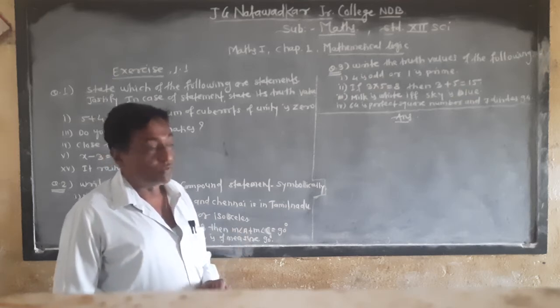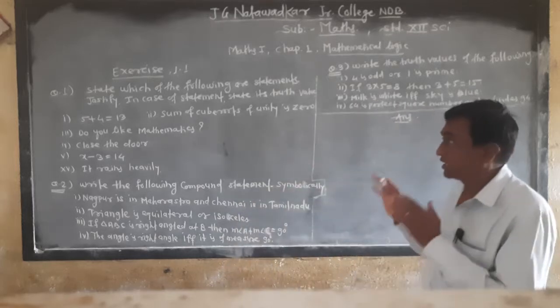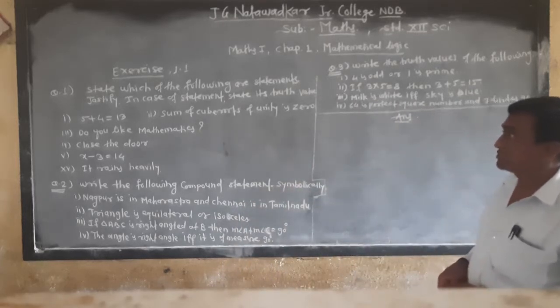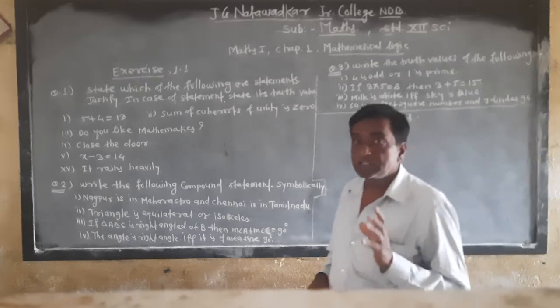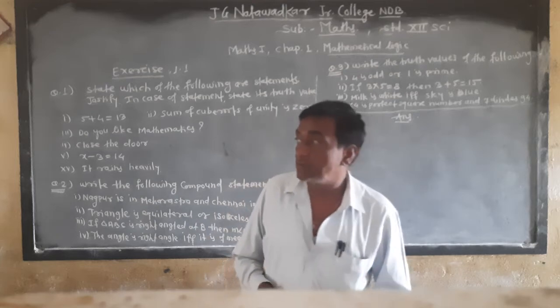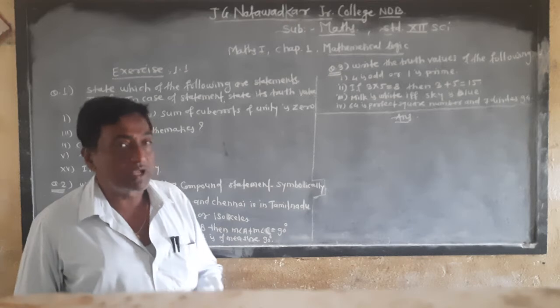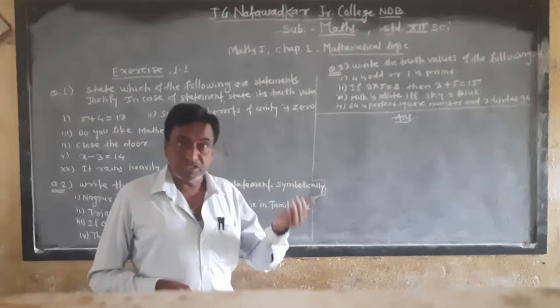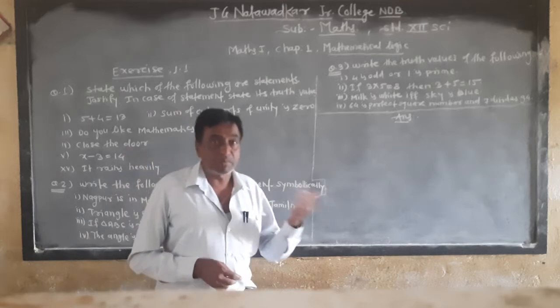Now today I will start exercise 1.1, which depends upon these articles. In this exercise 1.1, question number one, you are given some sentences and you have to verify whether these given sentences are statements or not. If it is a statement, then you justify why it is a statement, and if it is not, why it is not a statement.